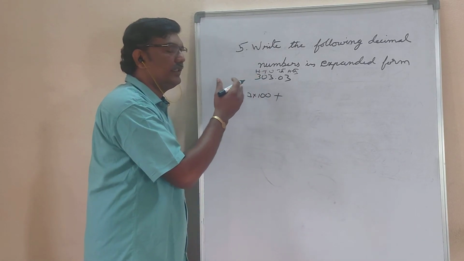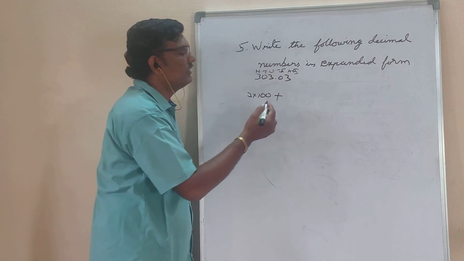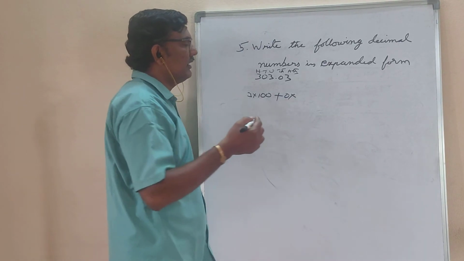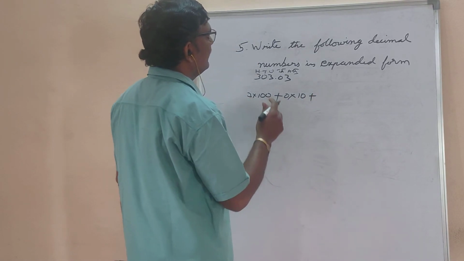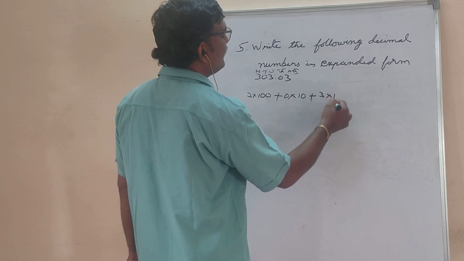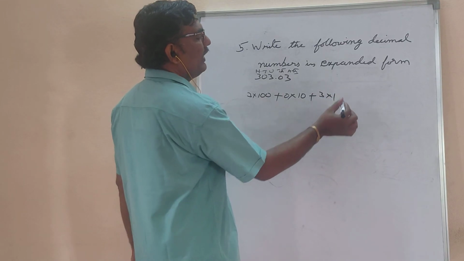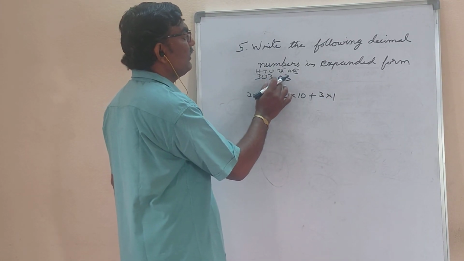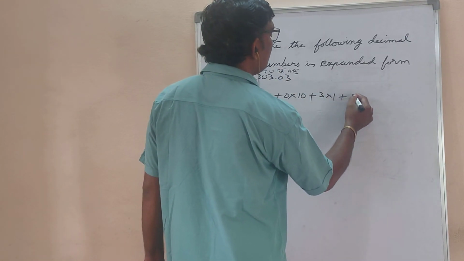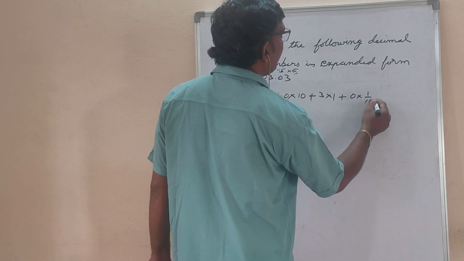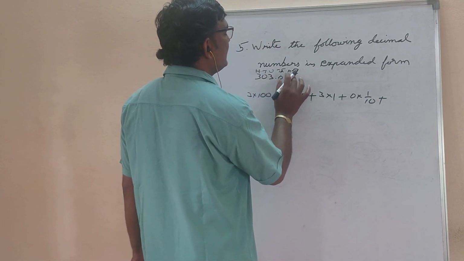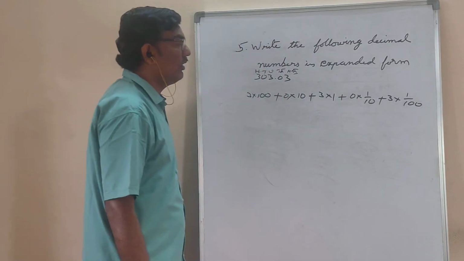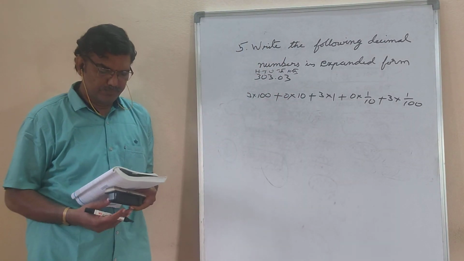Next, after 3, the digit is 0, into 10. Then 3 is present in the units place; don't keep a point, I said already. Now in the decimal part, this 0 is present in the 10th place, so plus 0 into 1 by 10, plus 3 is present in the 100th place, 3 into 1 by 100. It is called expanded form.